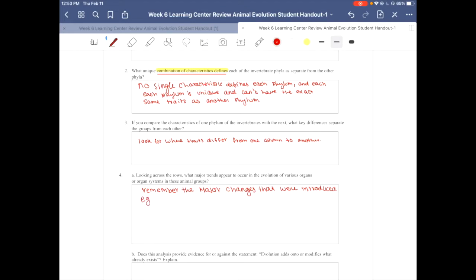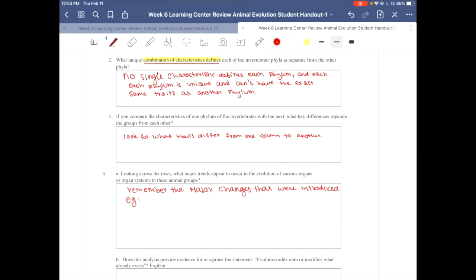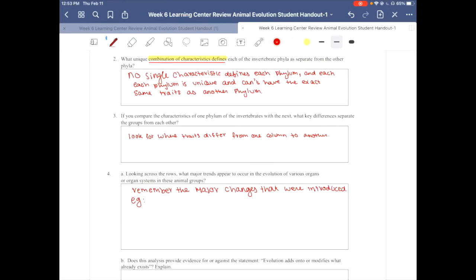Let me also write down an example. That would be, let's say, the Platyhelminthes for the three layers.